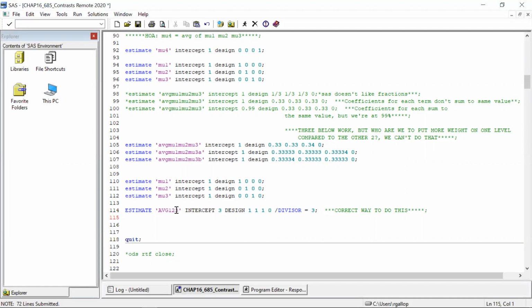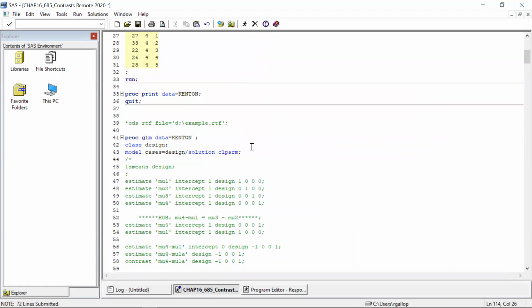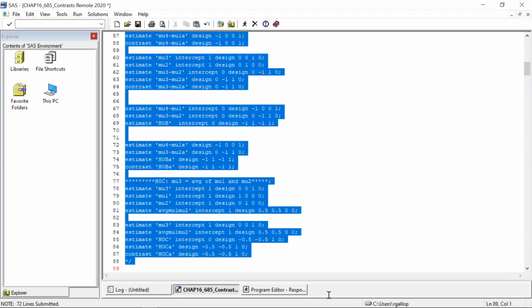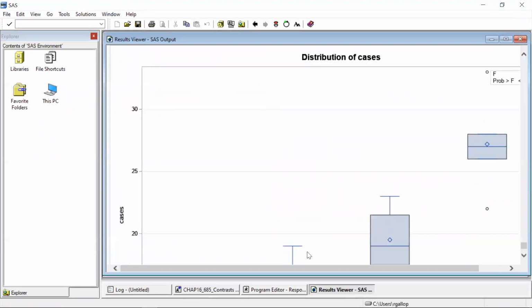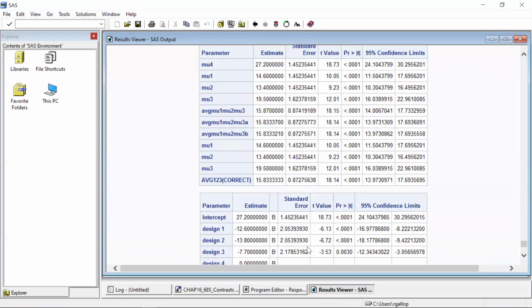So if we do it this way, we'll call this correct. There you go. There is the correct average of 1, 2, and 3.